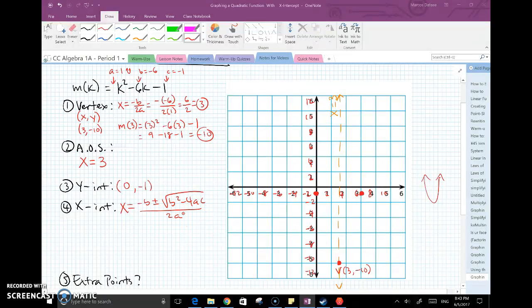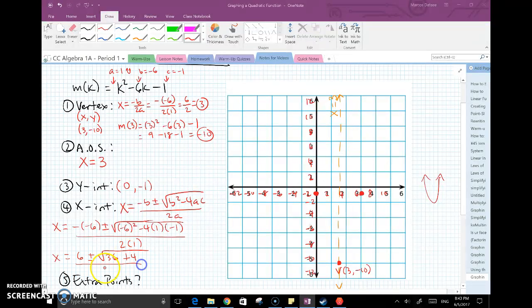Knowing my a, b, and c values, I simply replace them into the formula, and I get -6 plus or minus the square root of -6 squared minus 4 times 1 times -1, all over 2 times 1. And you just keep breaking this thing down. So this will be 6 plus or minus the radical of 36 plus 4, all over 2.